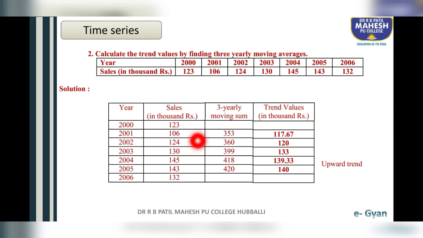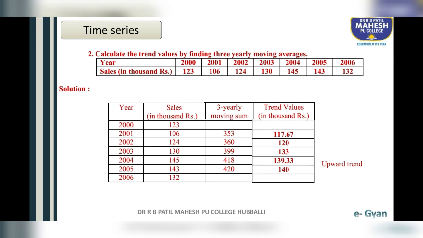Again leave 124. Take 3 values. 130 plus 145 plus 143. Again leave 130. 145 plus 143 plus 132. If you leave 145, you have only 2 values. 3 values are not there. So now you have to stop here. So like this you have to solve this.